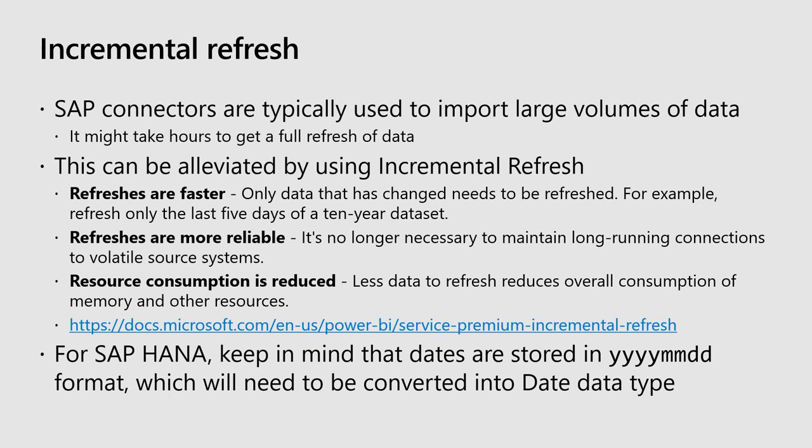If you have some kind of date which will let you know which rows of data have been updated in your HANA view, you can use that date to trigger the incremental refresh, and only the new data is retrieved every time a refresh is executed. Now HANA stores date variable in YYYYMMDD format, and the link there helps you work through that, convert it into a date field, and help with incremental refresh.